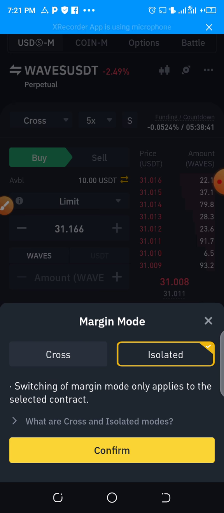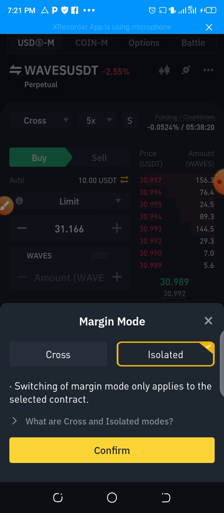I don't know if you understand what I'm explaining. What I'm trying to explain, the word isolated at one place, isolated, which means if you're putting in $2 in a trade, you're trying to tell them in this futures trade that if this $2 is being exhausted, I will be liquidated.